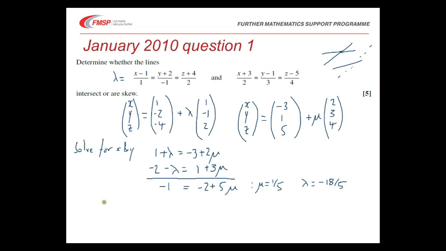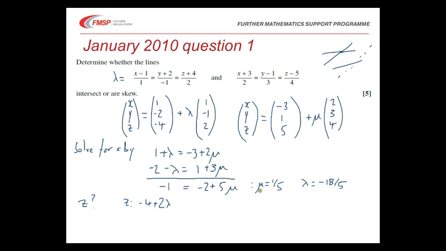So the key thing now then is, does this work for z? So I want to now substitute lambda and mu into both of these two bottom lines here. On the left hand one, for line 1, I get z is minus 4 plus 2 lambda.